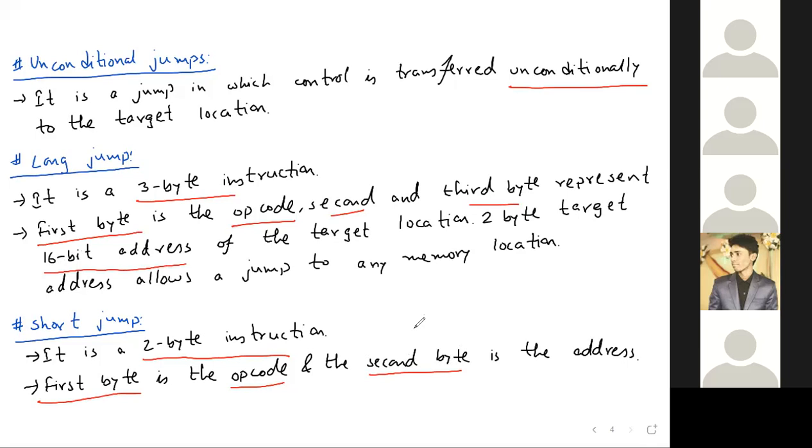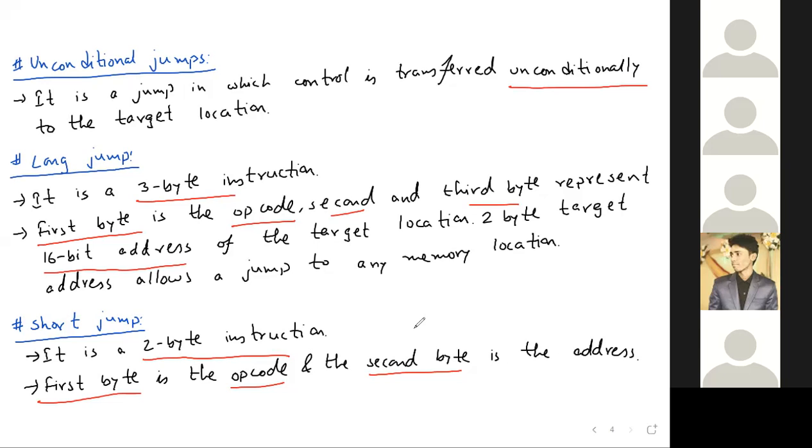That means you can jump a maximum of 127 bytes in the front or minus 128 bytes in the back, right? This is because of the limitation of your only 1-byte address. But if you have a 16-bit address or 2-byte address, you can perform any jump within the memory location. So this is the main difference between long jump and short jump.